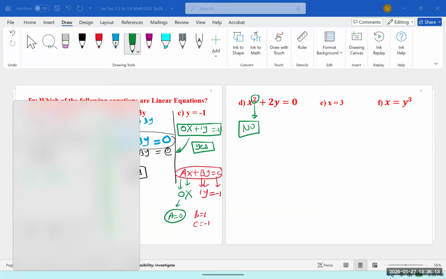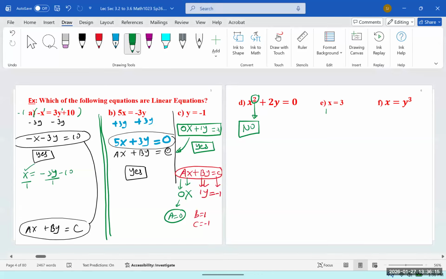Whatever it's 0 y, 0 for y, good. 3. So we have 1x plus 0y equals 3. So is it a linear function? Yes. Yes, good job. See, this format is ax plus by equals c.